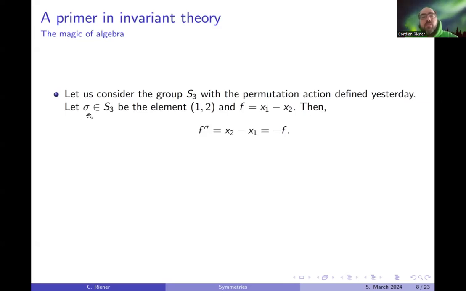So if I take, for example, the element, which in this notation (1 2), I just mean it's the element that flips 1 and 2 and leaves the element 3 unchanged in my set, and I apply it to the polynomial f, which is x1 minus x2, then obviously by this action I get a new polynomial, which is x2 minus x1, because I just flip the 2, and this is minus f again.